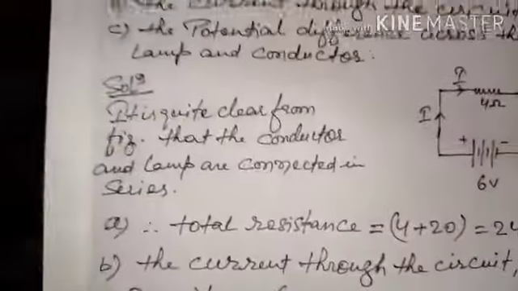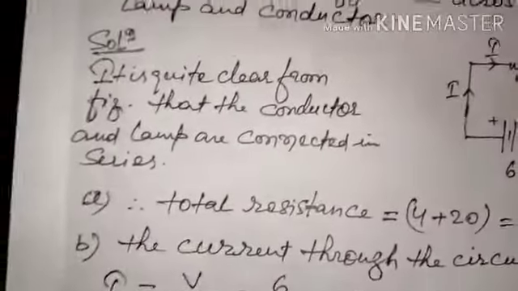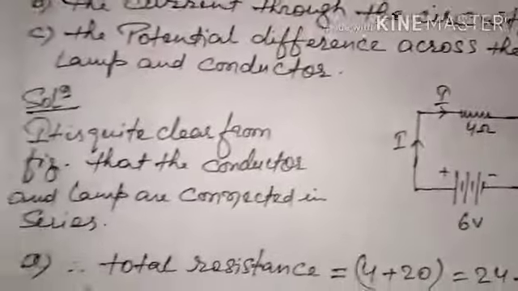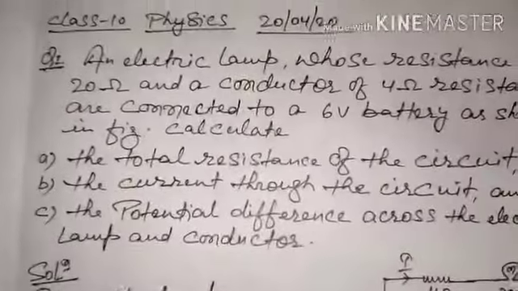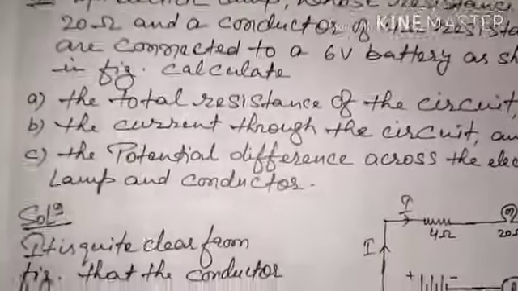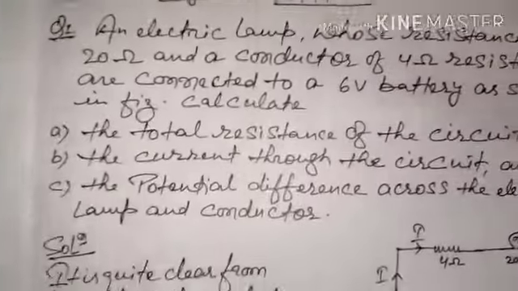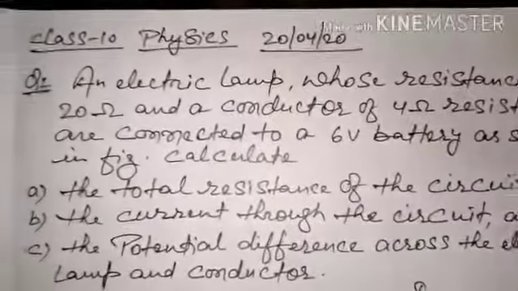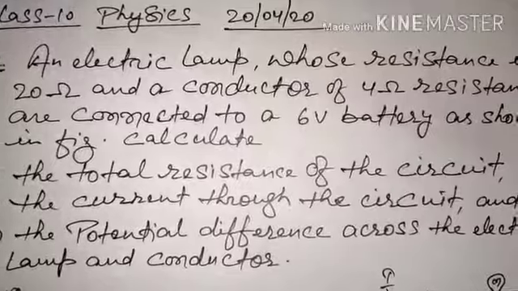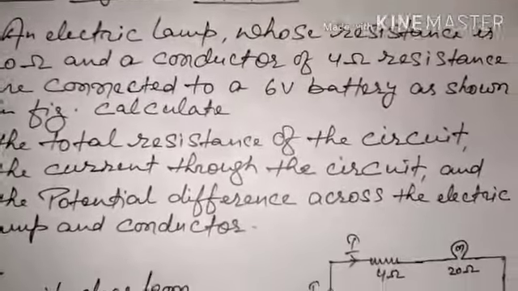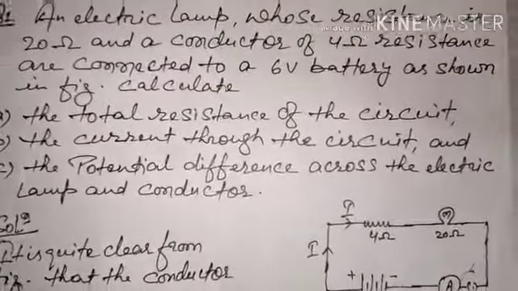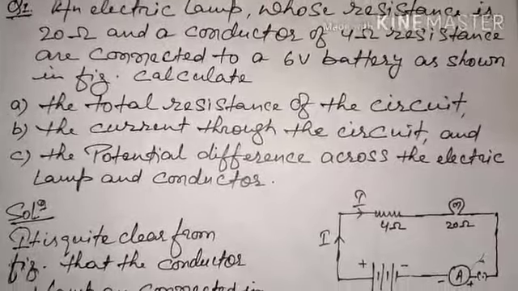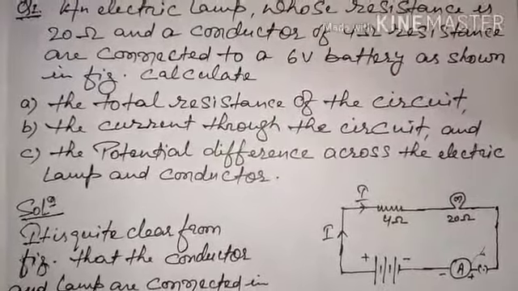So we discussed this. Let us go for a very simple problem, and try to finish it fast. Question number 1: an electric lamp whose resistance is 20 ohm and a conductor of 4 ohm resistance are connected to a 6 volt battery as shown in the figure.